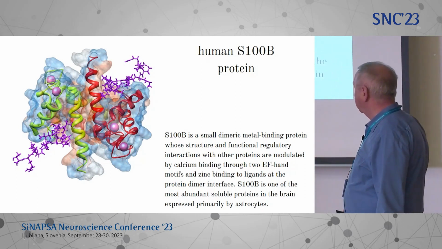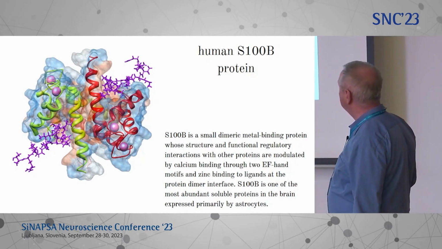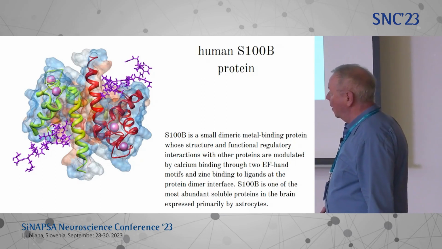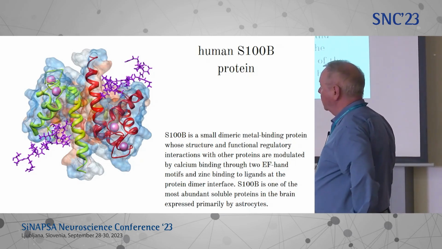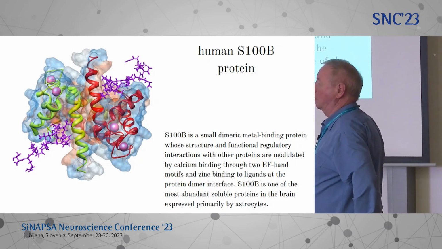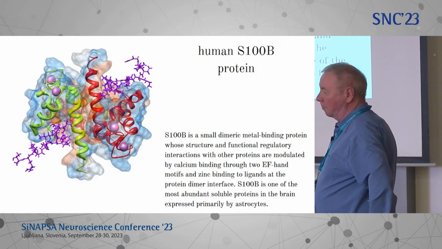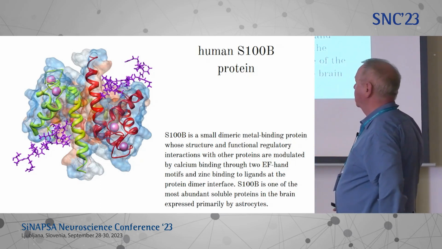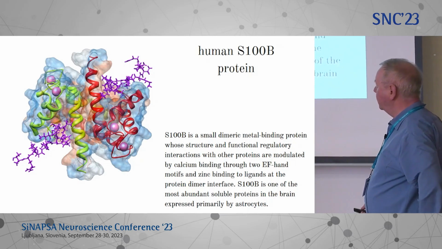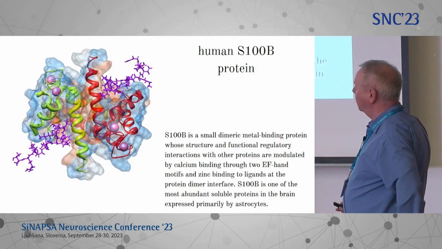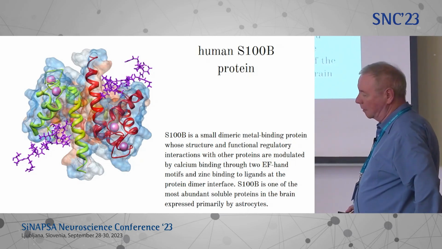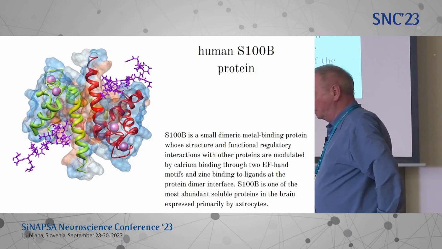First of all, it's a quite small dimeric metal binding protein. This protein belongs to the S100 family, calcium binding proteins, which are usually dimeric. Every subunit contains two calcium binding loops.